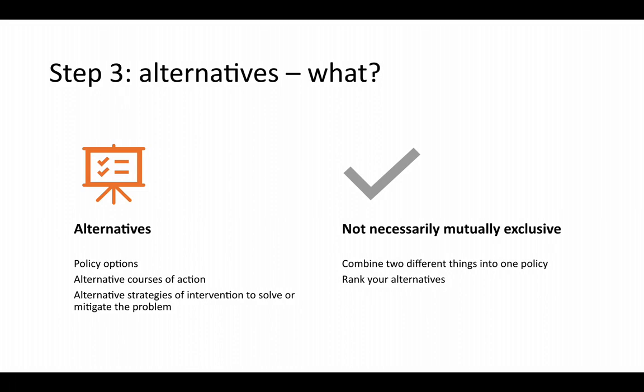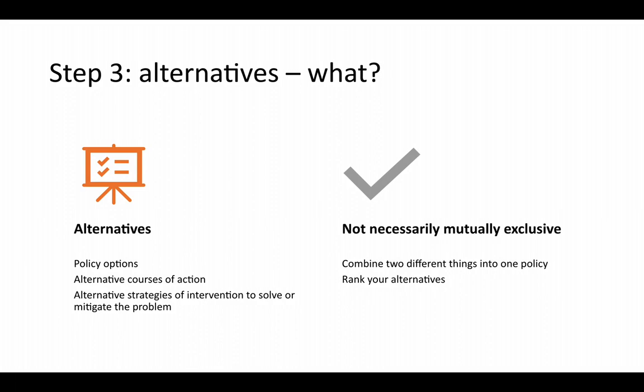And of course, if you come up with several different alternatives, it doesn't necessarily mean they are mutually exclusive. It could be that you combine two different things into one policy. Again, in poverty alleviation, you have private solutions, societal solutions, nonprofit philanthropic actions, and also government solutions.